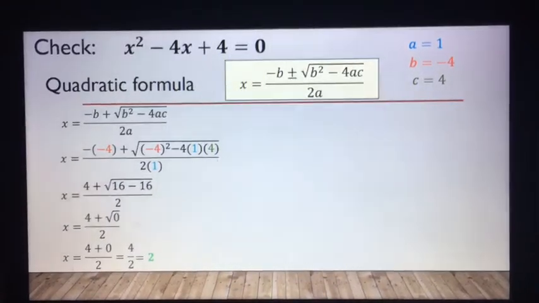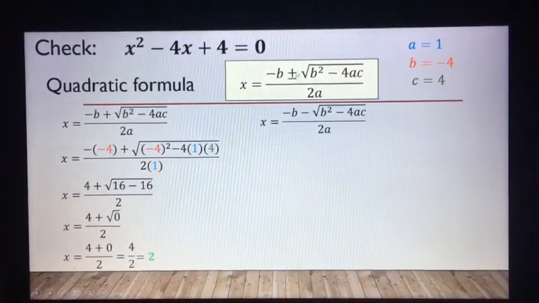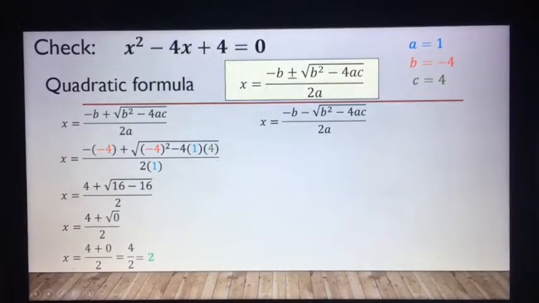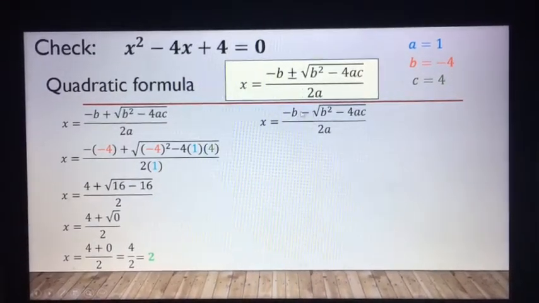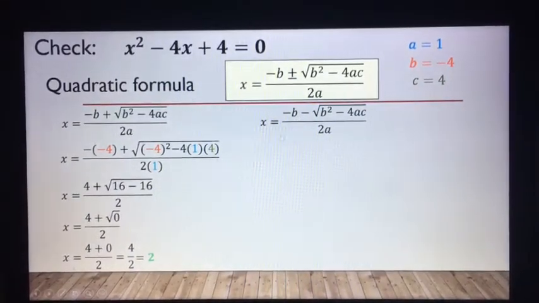Solve ulit natin yung isa, which is yung minus naman. Bali, dalawa po yung isosolve natin kasi plus and minus po ito. So, isolve natin yung plus and this time, yung minus. So, the same process.